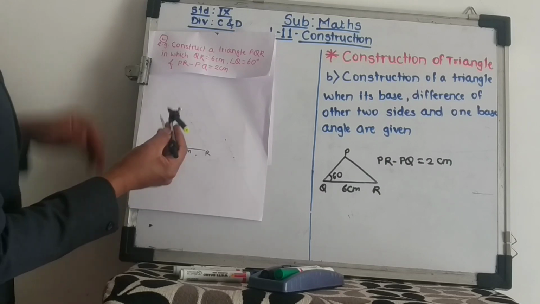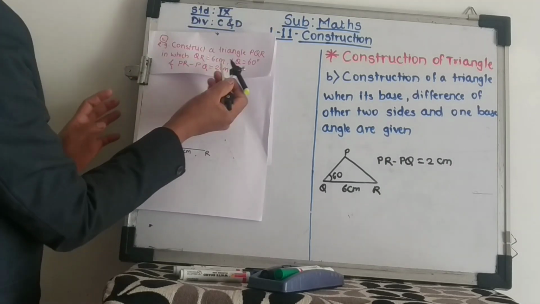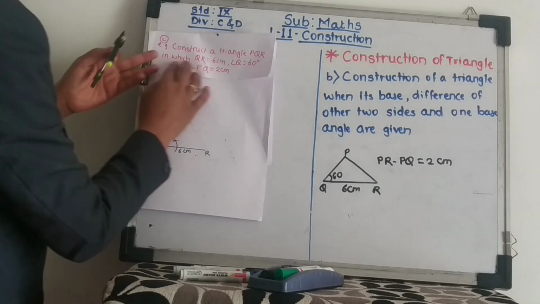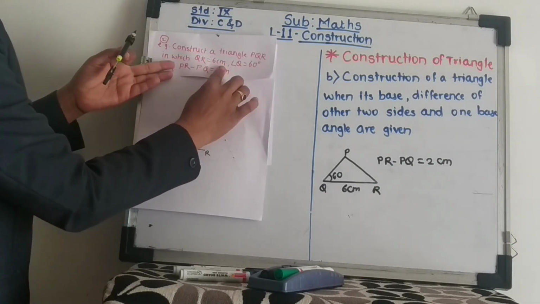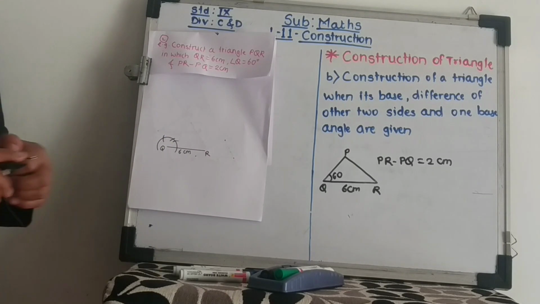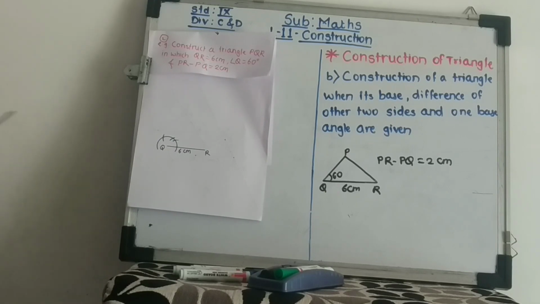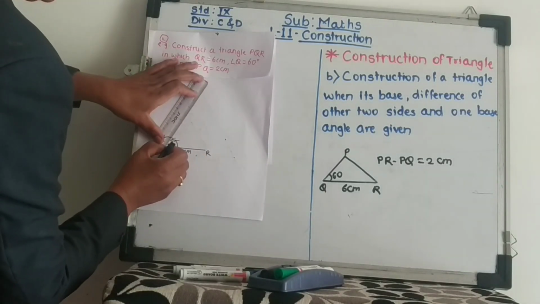So 3 parts we have done. In the question we have angle Q equal to 60 degree, and QR we have drawn as 6 centimeter. So we will draw the 60 degree angle here.